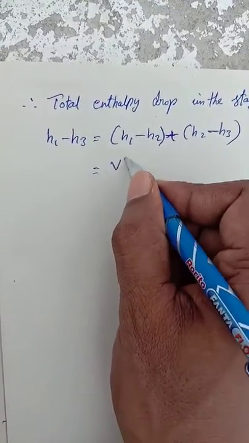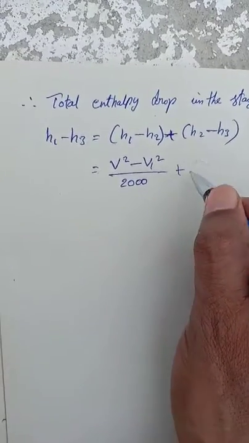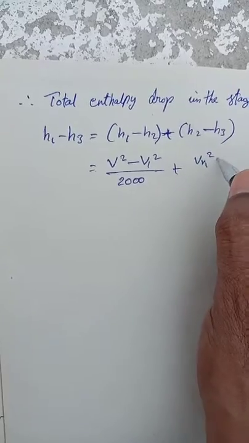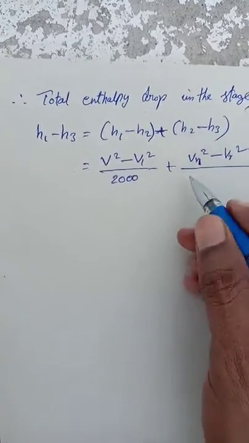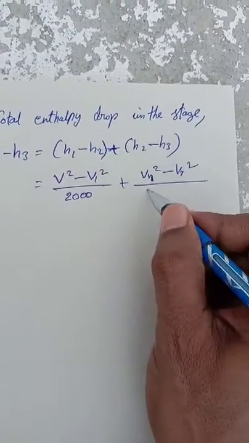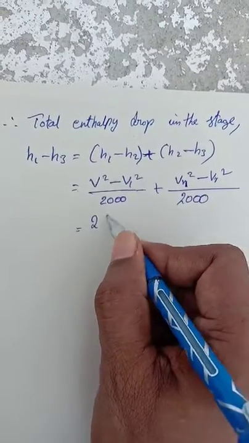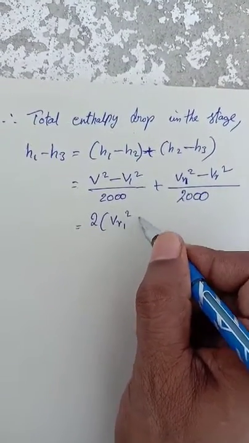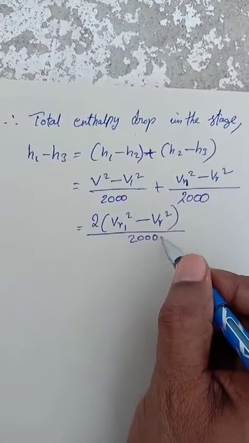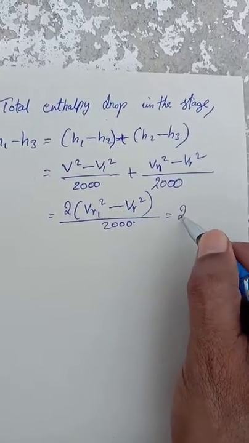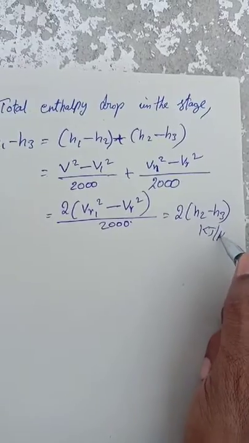So then we can write (V² − V1²)/2000 + (VR1² − VR²)/2000, which is equal to 2 × (VR1² − VR²)/2000. Then here we can write this as 2 × (H2 − H3) kilojoules per kg.